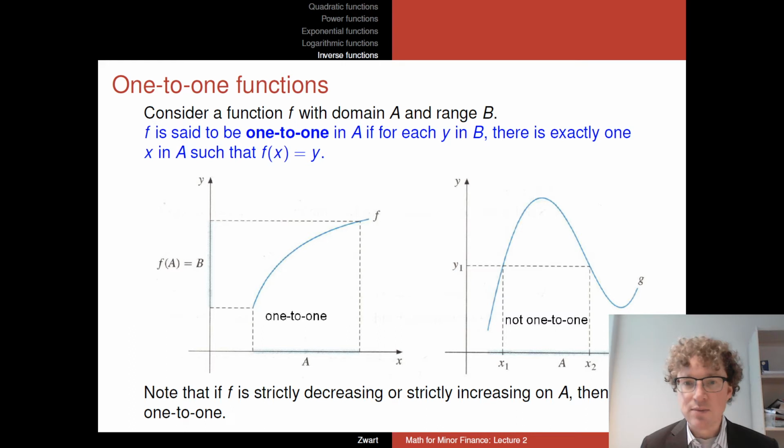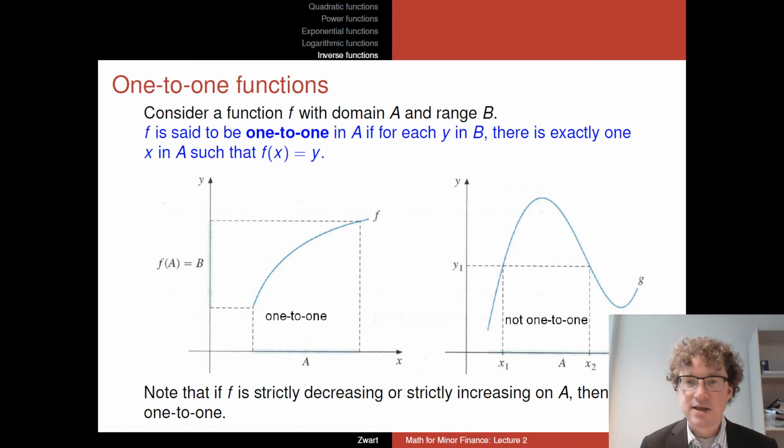This y1 can be reached from two different x values that you plug into this function g, because x1, if you apply the function g to it, gives me this height y1, but also x2 ends up at the same y1.